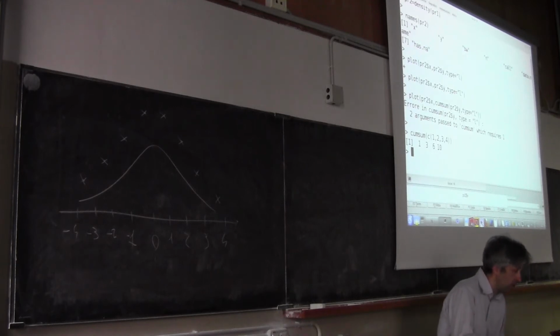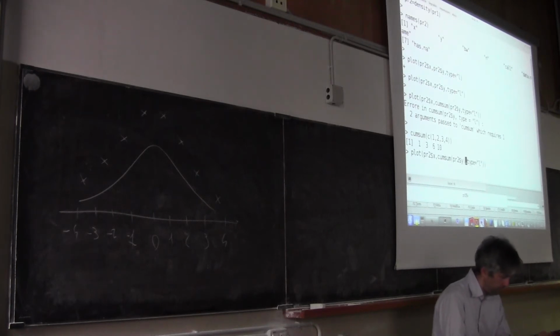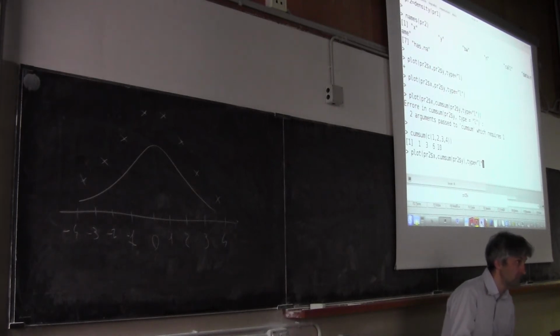Now, let's try once again to correct the mistake in the previous instruction, and let's now plot the cumulative sum of the probability density depending on x, and we should get the cumulative density.